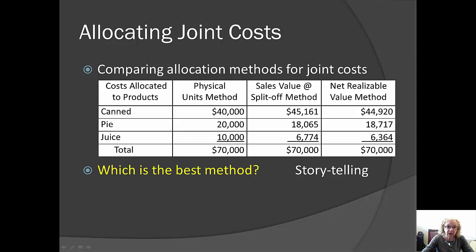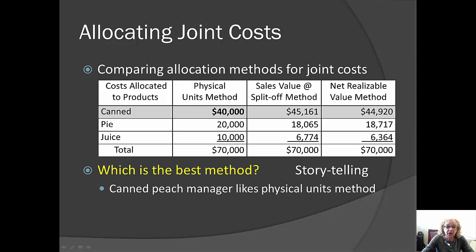If you asked the manager of the canned peach department, the peach pie department, and the peach juice department which method they liked best, each manager would choose the method that allocates the smallest amount of cost to his or her department.